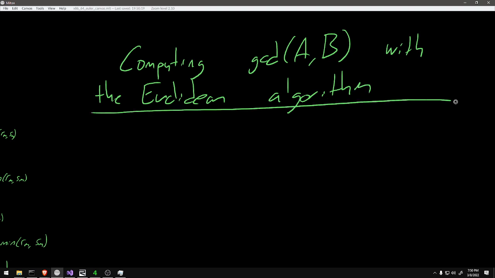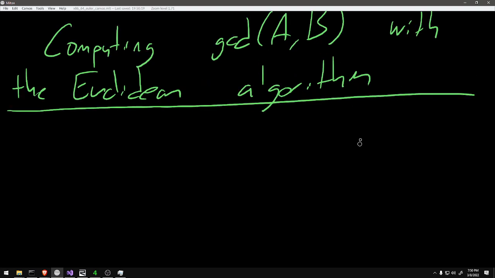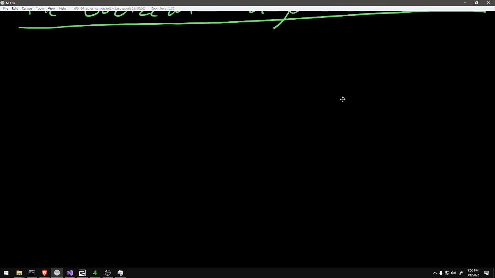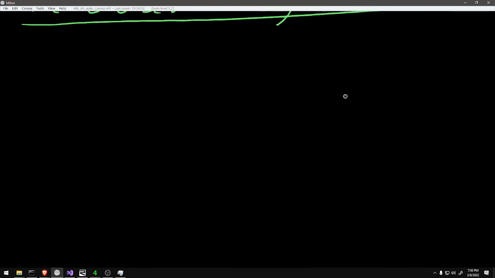So this is a fun little number theory algorithm that I think is pretty common to encounter in computer science education. So it might not be new to viewers who are interested in something like x64 programming, but just in case, I want to go over it.